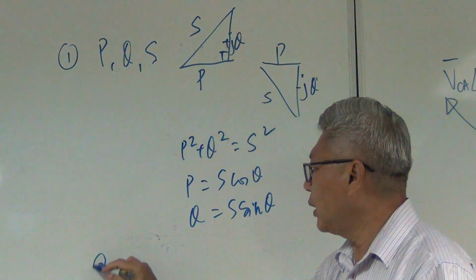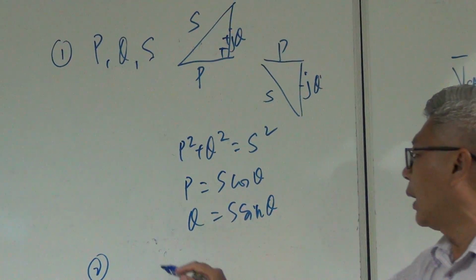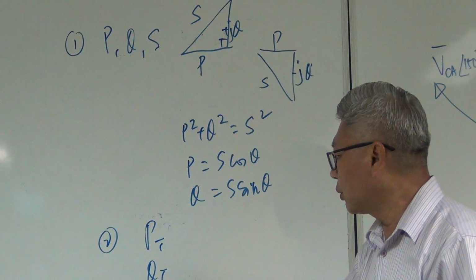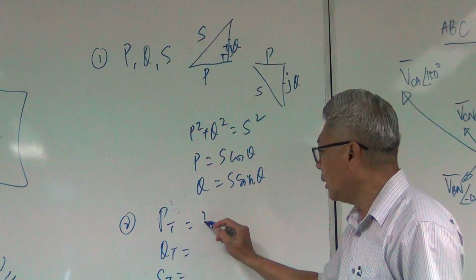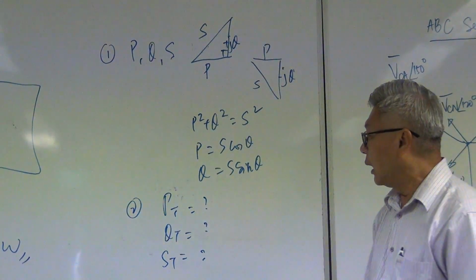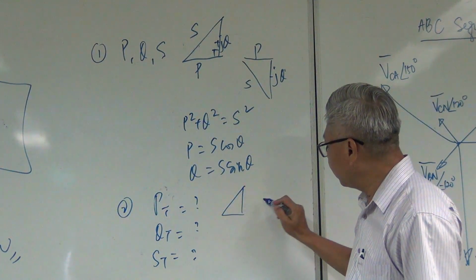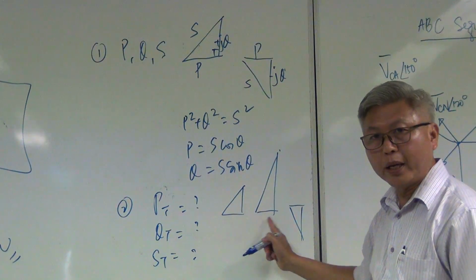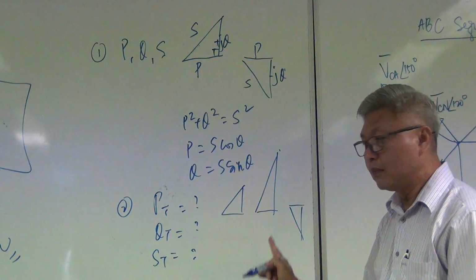Then the second point, to sum up the total power, or the total reactive power and the total apparent power, you actually need to know the individual power triangle. Are they all pointing up? If some point up, some point down, do you know how to sum it up?